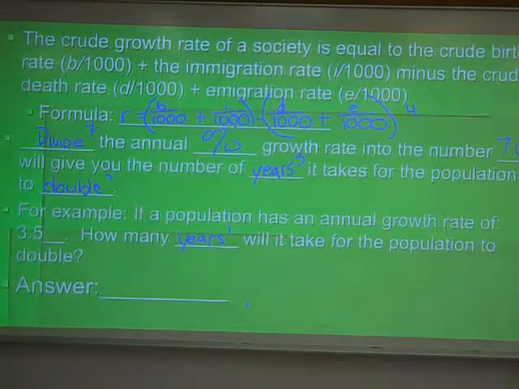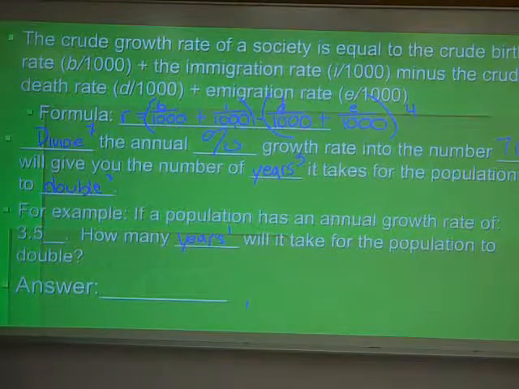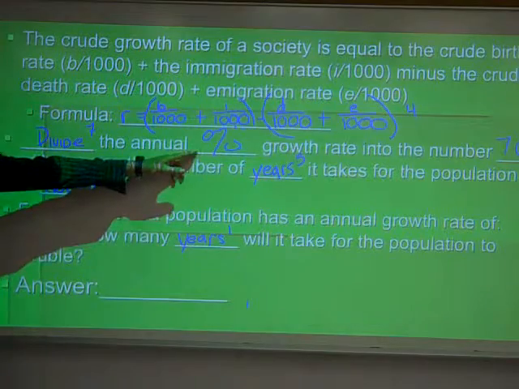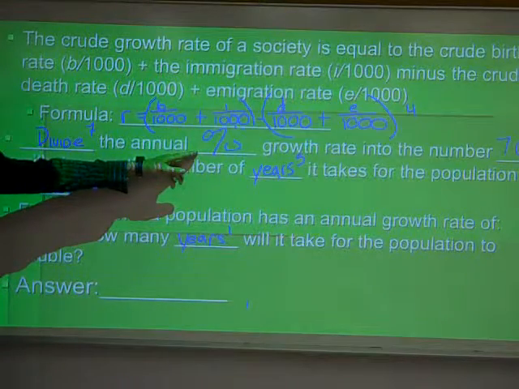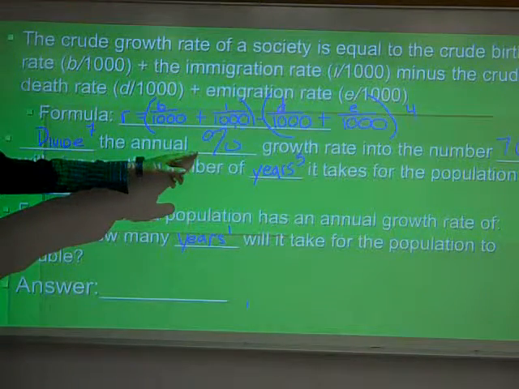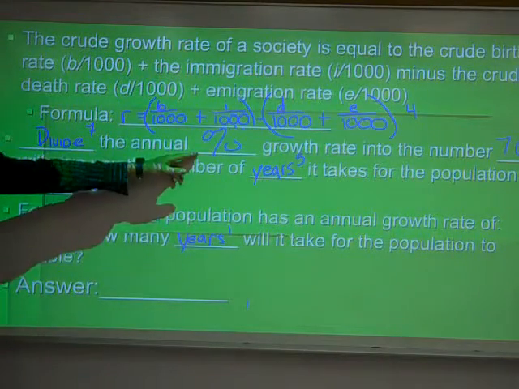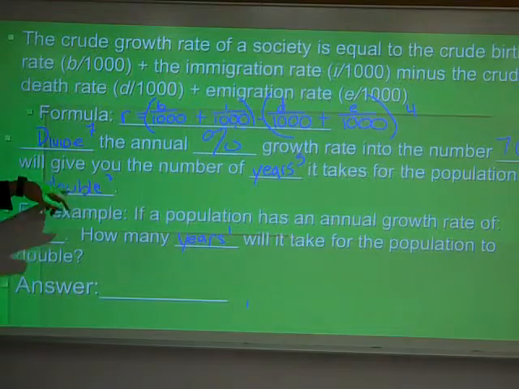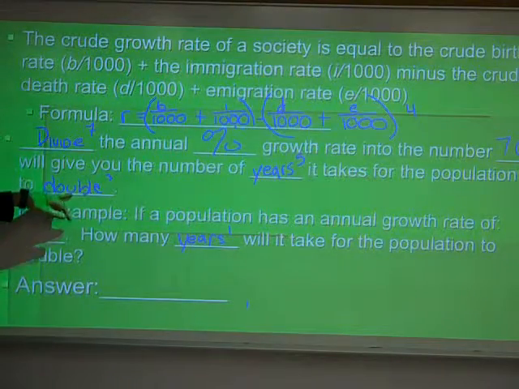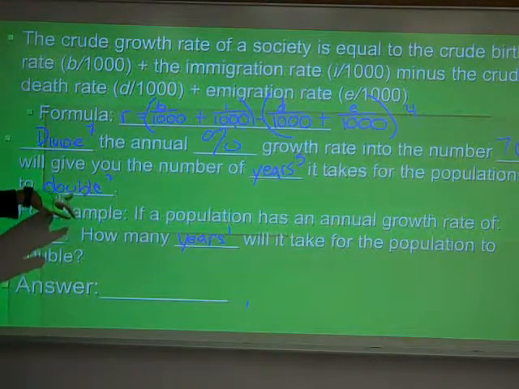But it's pretty well relied upon, both, like I said, in population growth as well as in finance. Like if you have an investment and you know what the percentage growth of that's going to be profit-wise, you know, how investments work, hopefully, that you can predict how long it takes for that particular amount, in this case population, to double. So that's what the rule says.